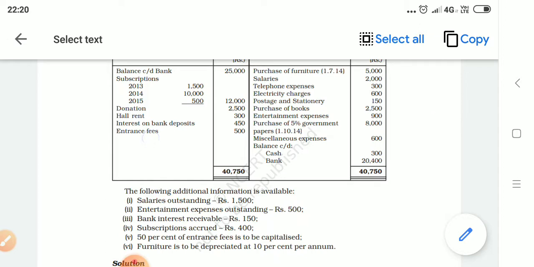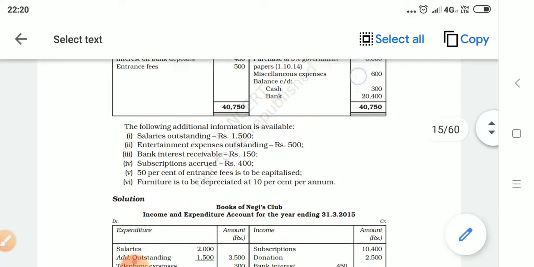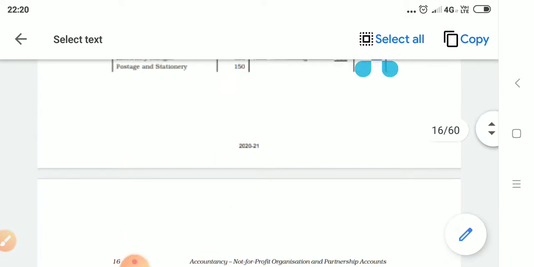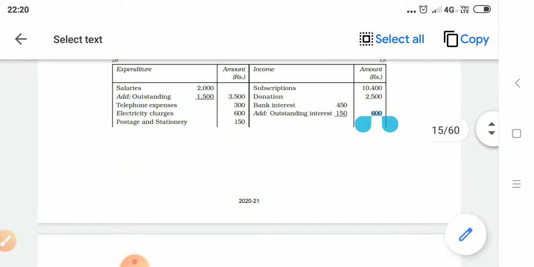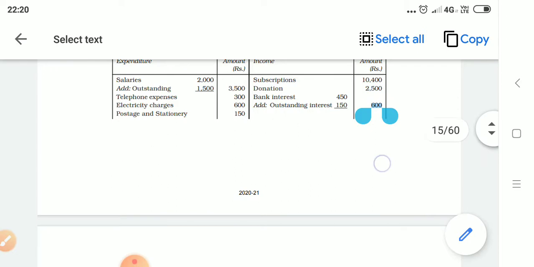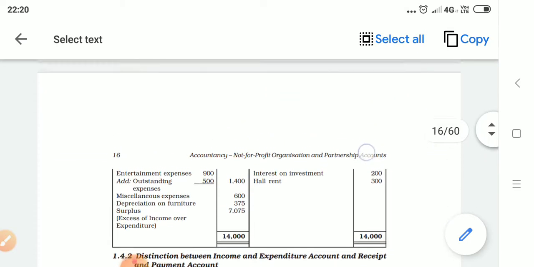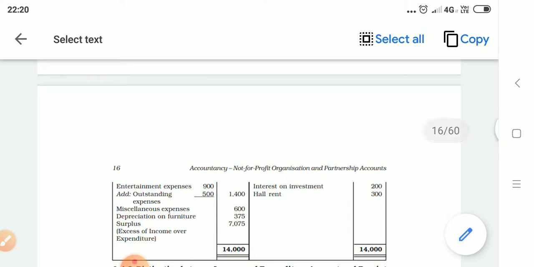Then entrance fee. Yes, entrance fee is also revenue in nature. It will appear in the income side. Where is entrance fee? Children, a point which you have to keep in mind: entrance fee is supposed to come here. So you can write it as an important note in your notebook or in this textbook.